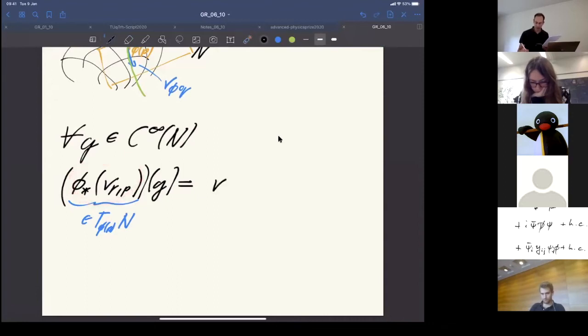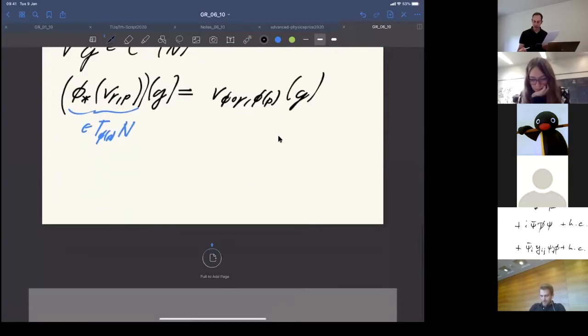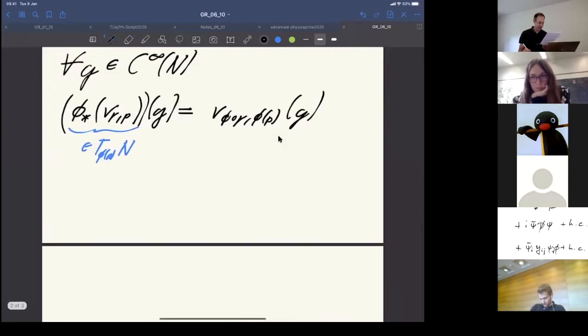By the definition, this is V of φ after gamma evaluated at φ(P), still applied to G. So far, I didn't do anything except apply the definition. Now I again apply just the definition of what a velocity vector is, which you have to remember from one week back.